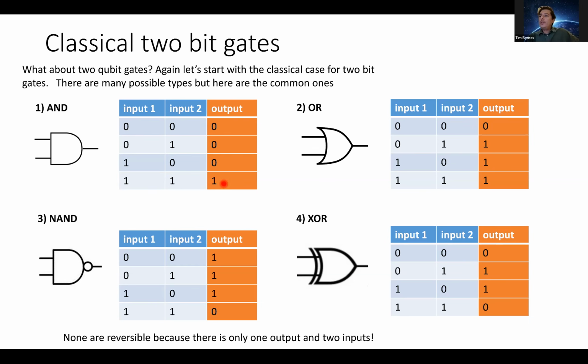The OR gate looks like this. So the output is 1 any time you've got a 1 on the input. The NAND gate is like the AND gate, but then you flip the output of this. So wherever you have zeros, you have 1s.